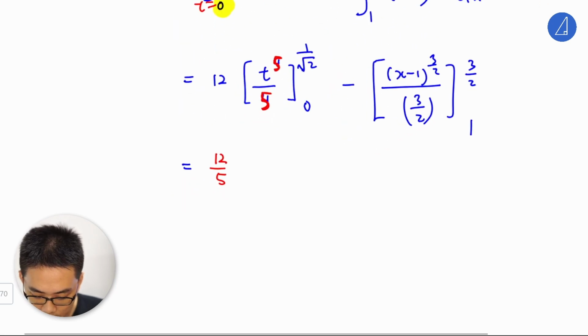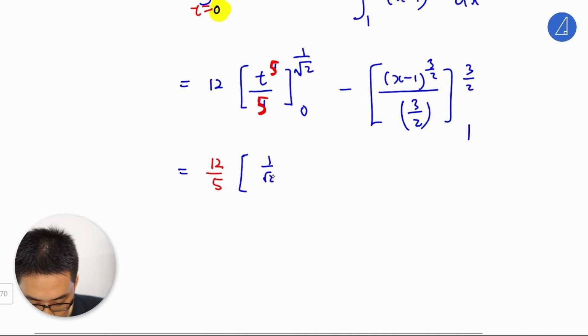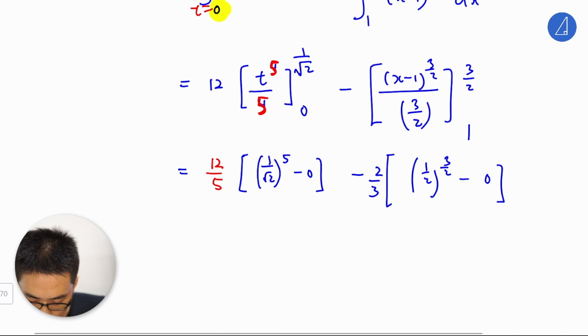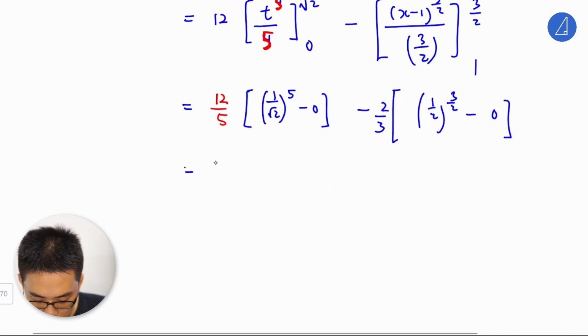Then I'm going to just leave it as is. A lot of surds here, but it should be quite manageable.